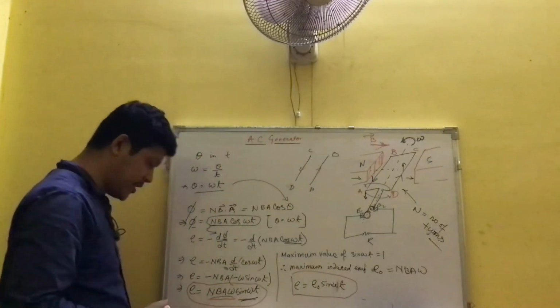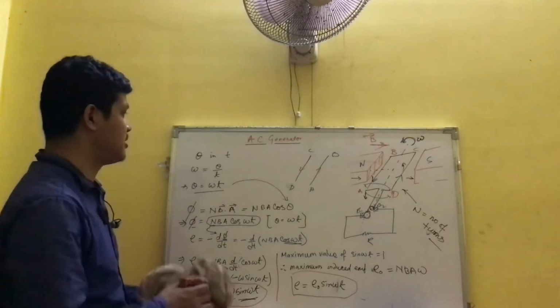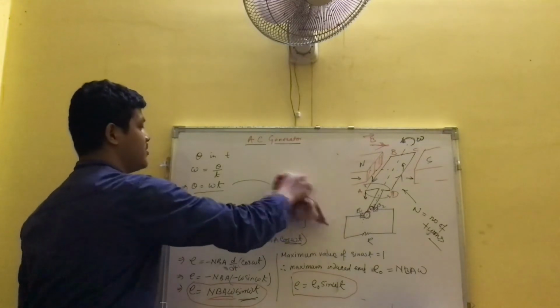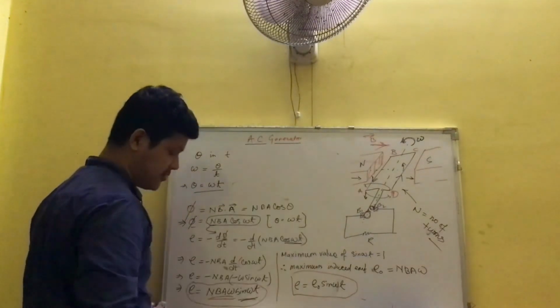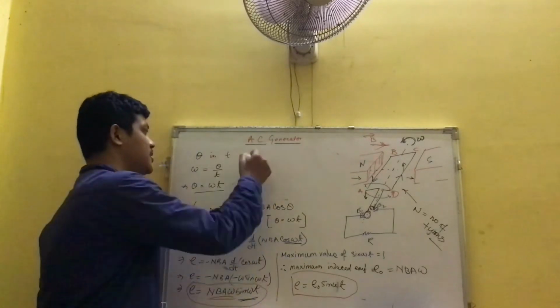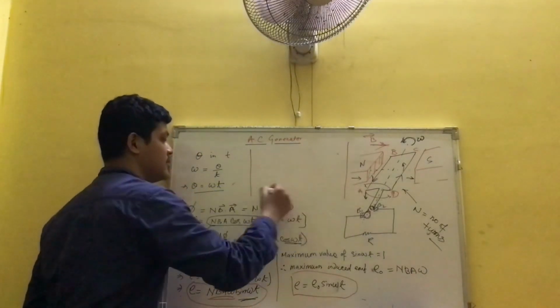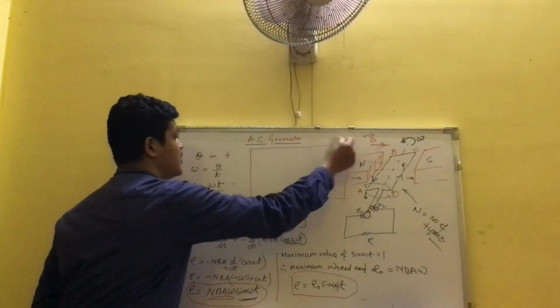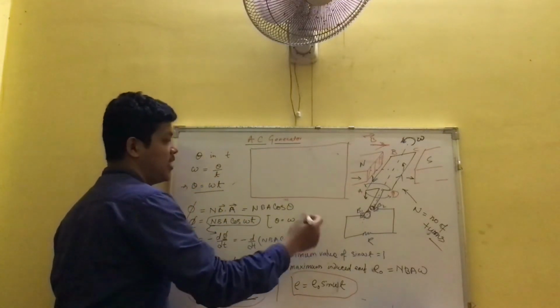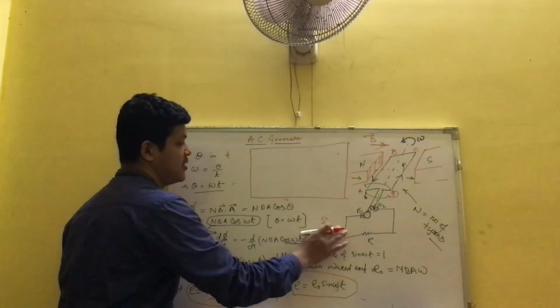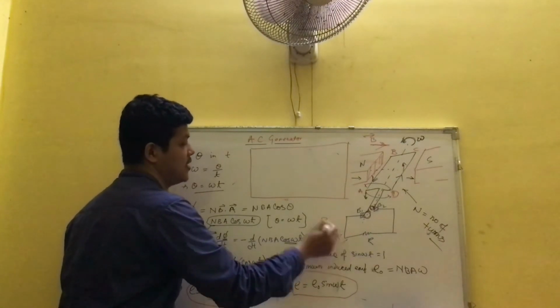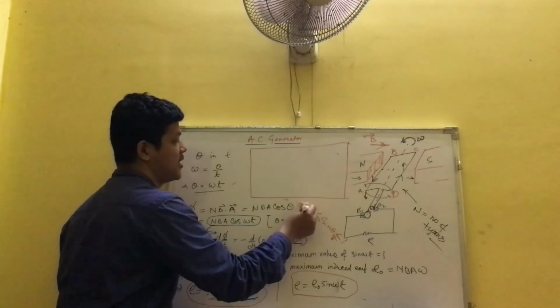Now if you draw the graph, let me clean this part first, as the board is very small. I have already told you that the maximum value of the sine function is 1 and the minimum value is minus 1.